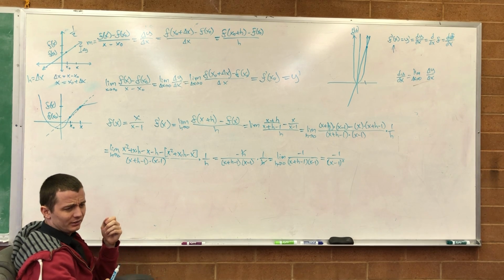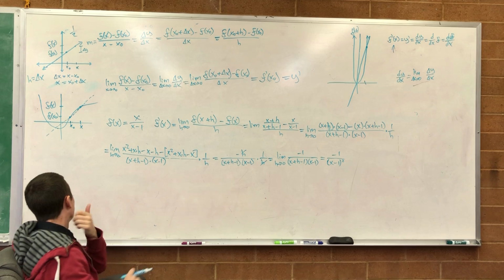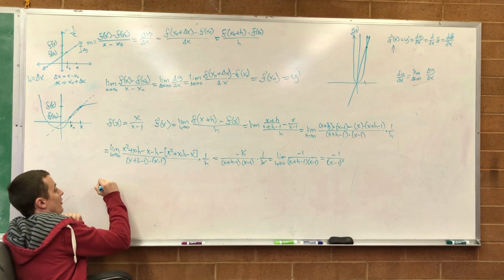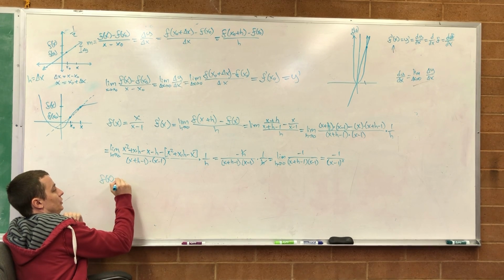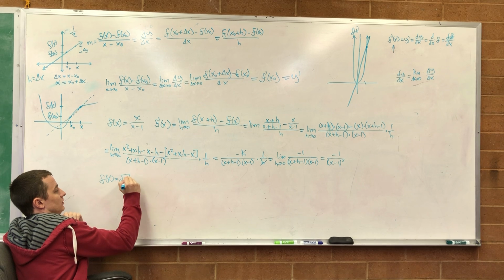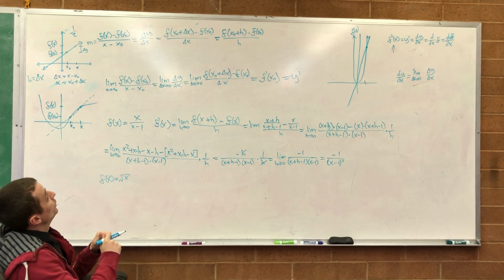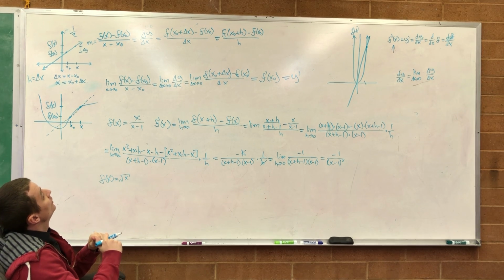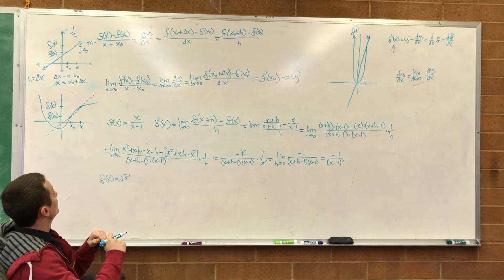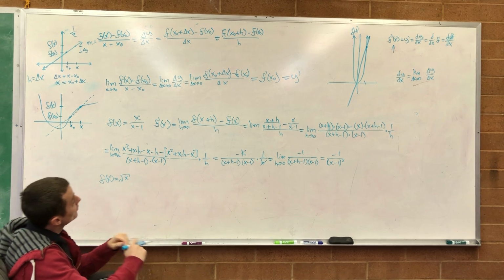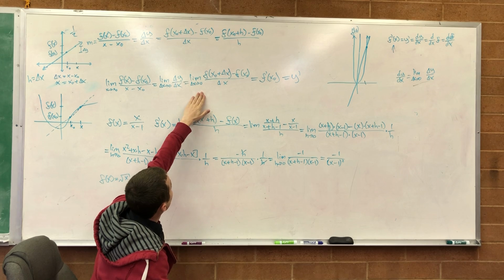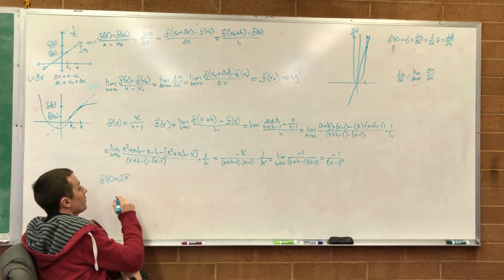Next they want us to calculate the derivative of a square root function. Okay, so here we have f of x is equal to the square root of x. Which notation should we use? Let's do the middle one. Okay.